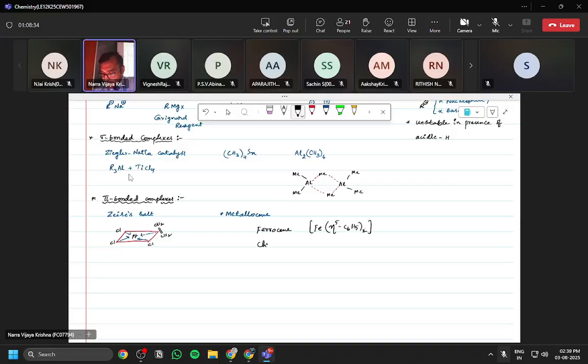Same way, dibenzenechromium. Chromium, eta 6, C6H6 twice. Can I call these aromatic? This is about pi bonded complexes.